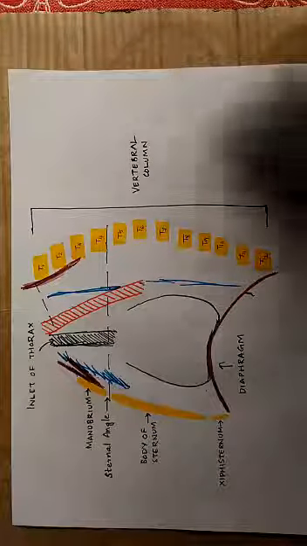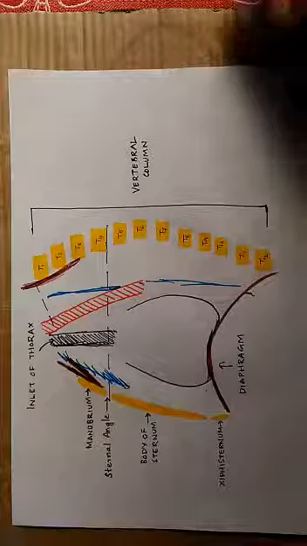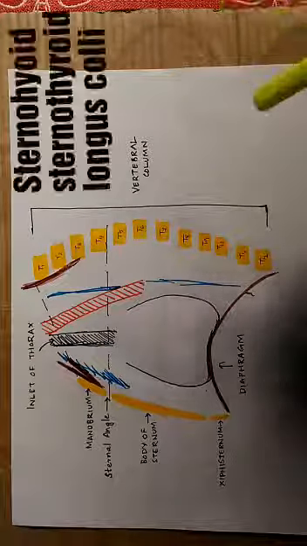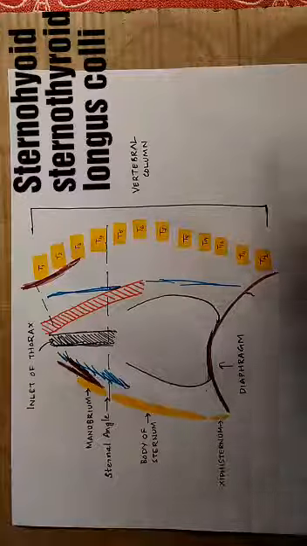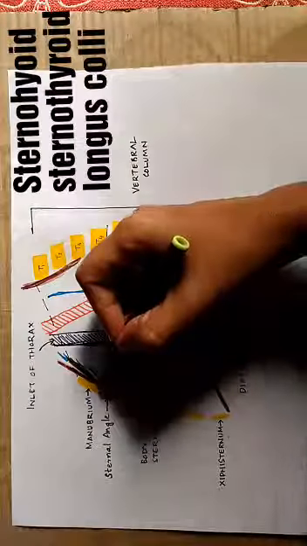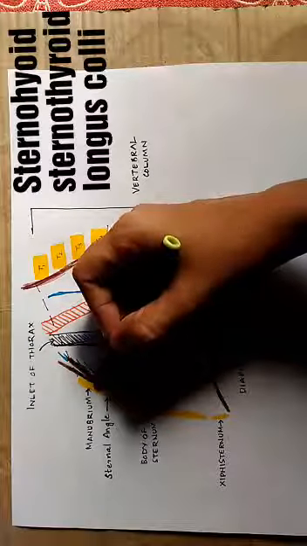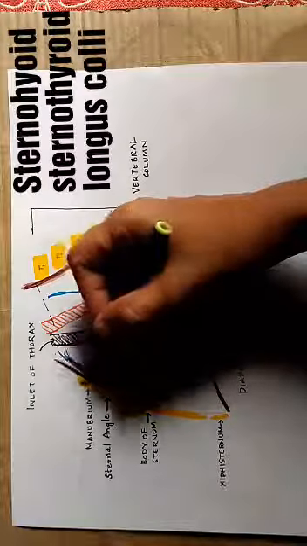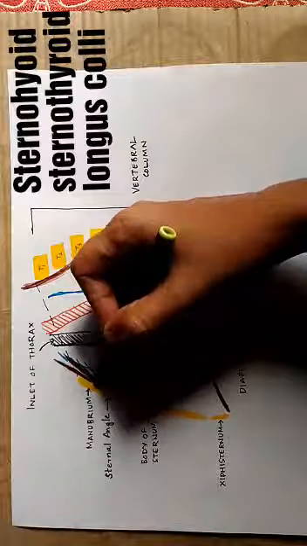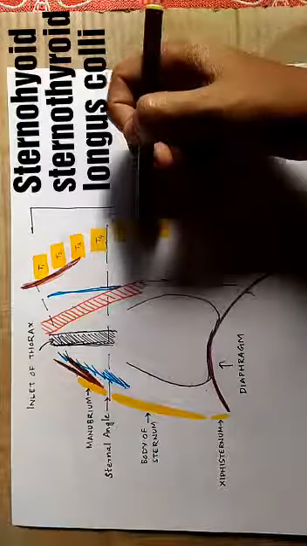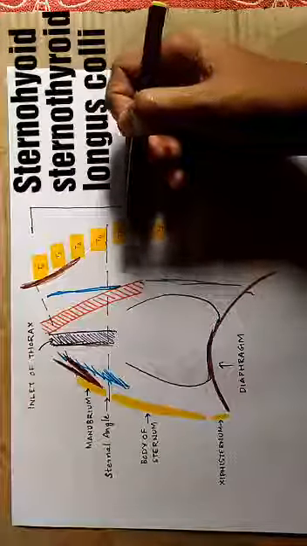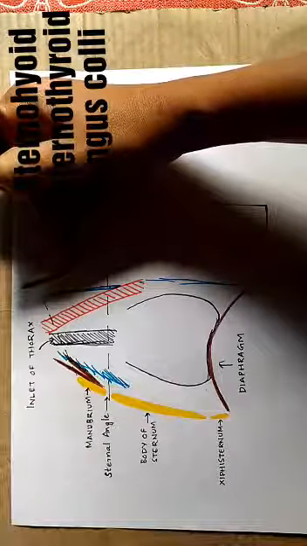Now the muscles of the superior mediastinum. We have three muscles in the superior mediastinum. Two of them arise from behind the manubrium sterni. They are the sternohyoid and the sternothyroid. And another muscle is the longus colli, the lower end of the longus colli muscle.